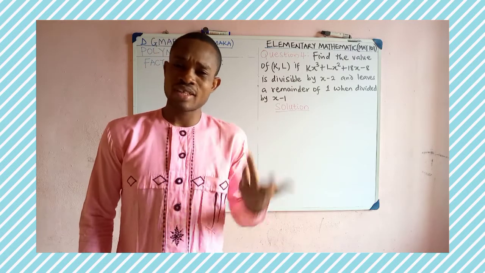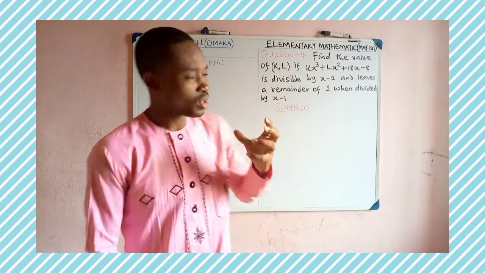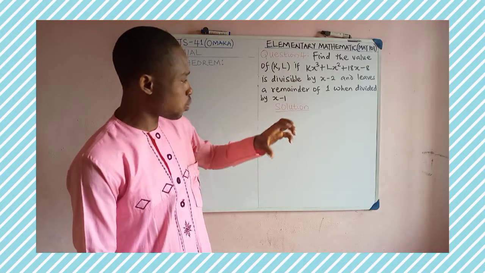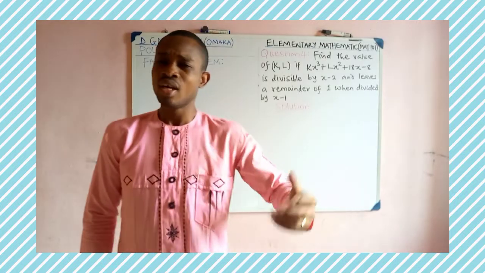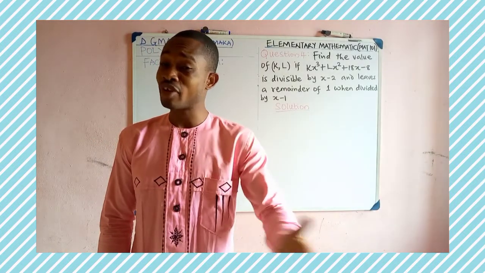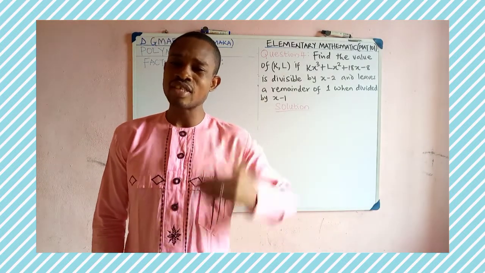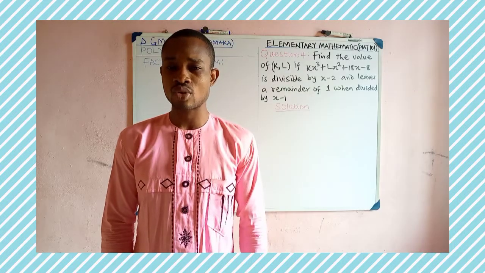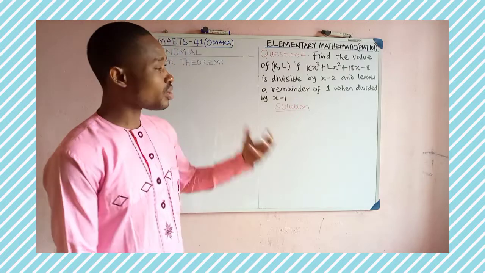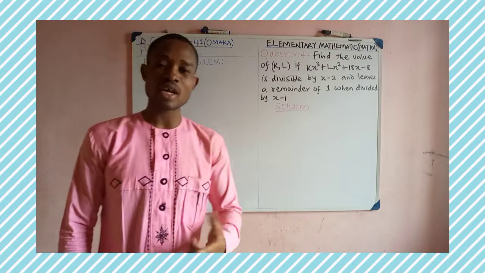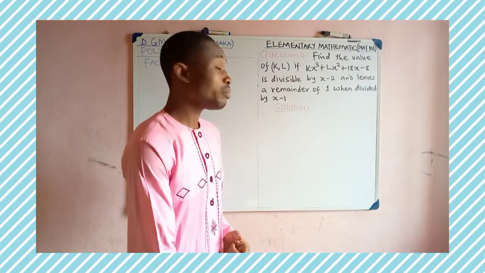For example, if you look at this question, you could see and read a point where you were told that the polynomial is divisible by x minus 2. It simply tells you that you're going to use what? Factor theorem there, since that polynomial is divisible by that divisor x minus 2. And in the other part of the question, you were told that there is a remainder of 1 when you divide that polynomial by x minus 1.